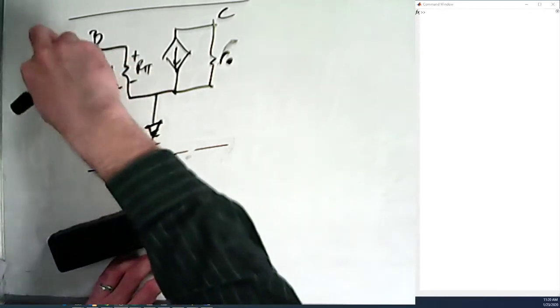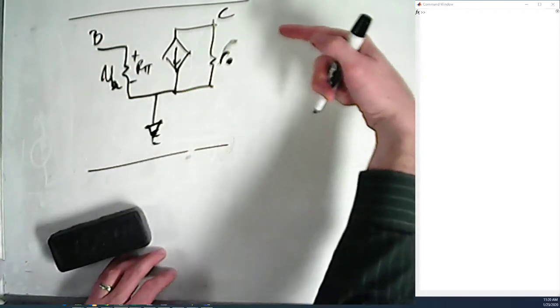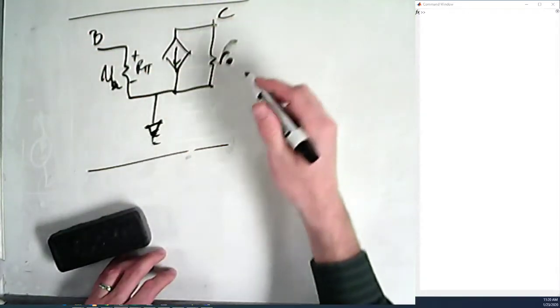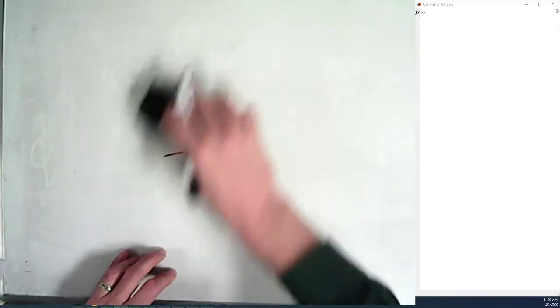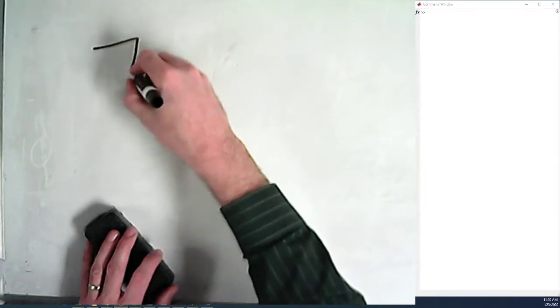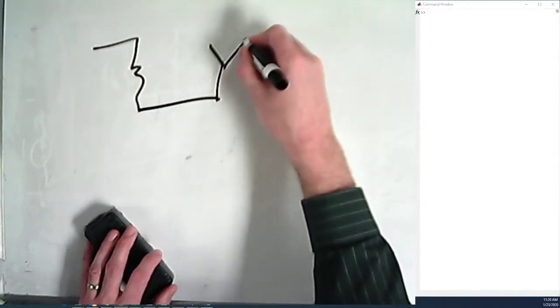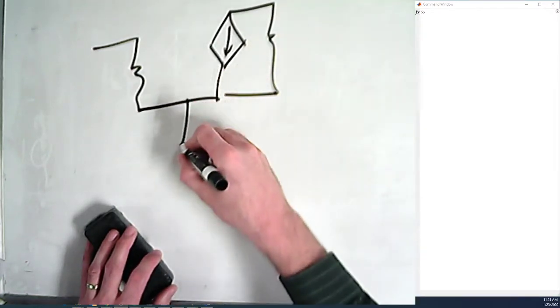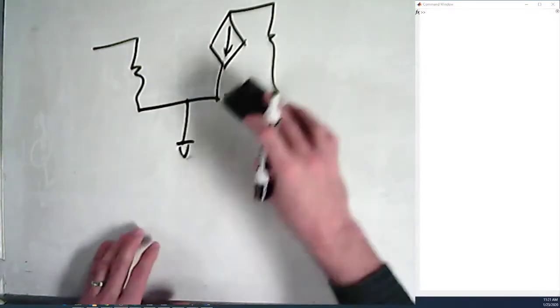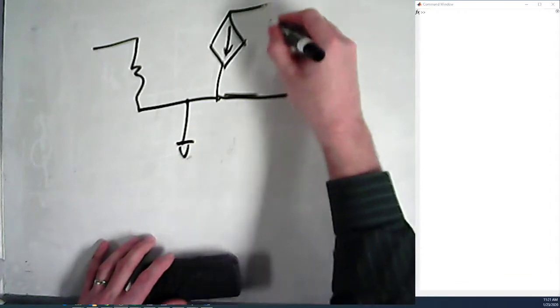What happens is, as we push more current in through the base, more current is going to be shoved in through this way. I'm going to start all the way over. Notice the current arrow goes the opposite way. We're going to ground this. I'm going to give myself a little bit more space here.